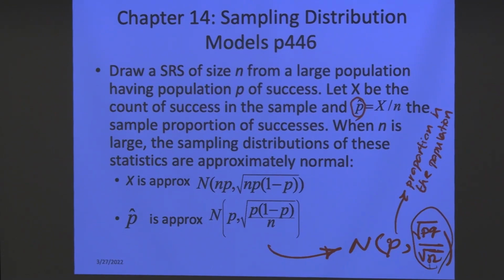Now you have a sample of 100 people from the population, and in the sample you count the number of people supporting the party, and you divide x by n to find the proportion. p hat is the sample proportion.